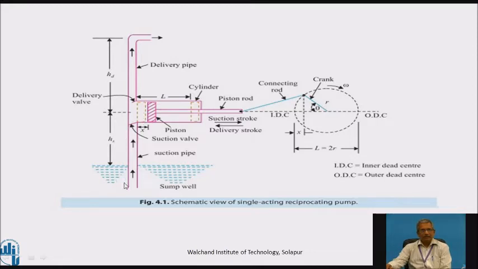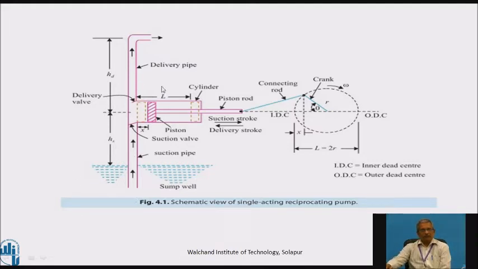This is the suction pipe, which has a suction valve at the exit to the piston cylinder, and this is the delivery pipe, which has a delivery valve here. This length is called the stroke length. This length into the cross sectional area is the total volume taken in during suction or sent to the delivery pipe during compression.